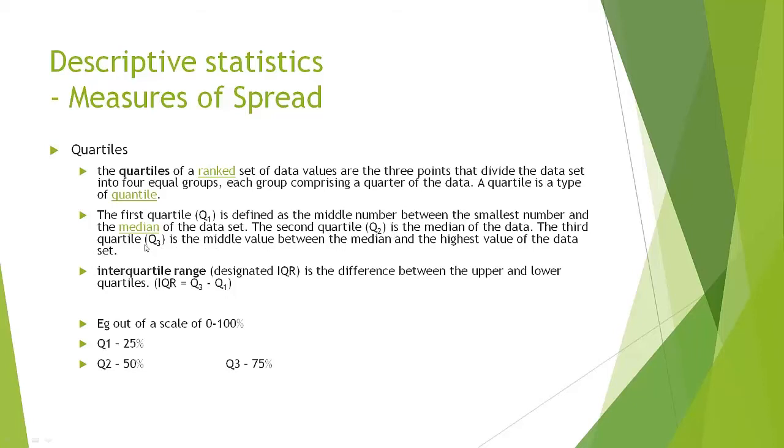The third quartile is at 75%, the first quartile at 25%, and the median, or second quartile, at 50%. Interquartile range is Q3 minus Q1, that is the third quartile minus the first quartile.